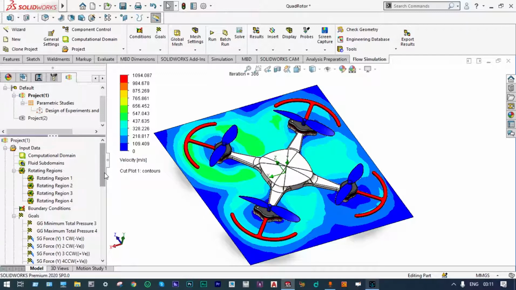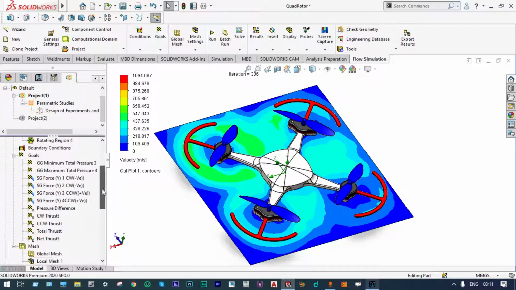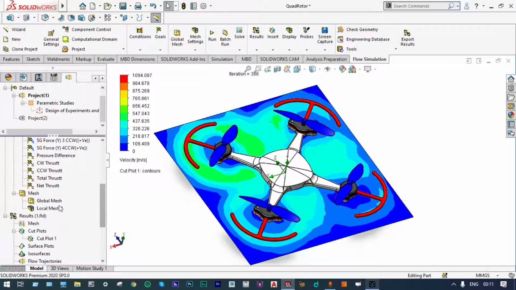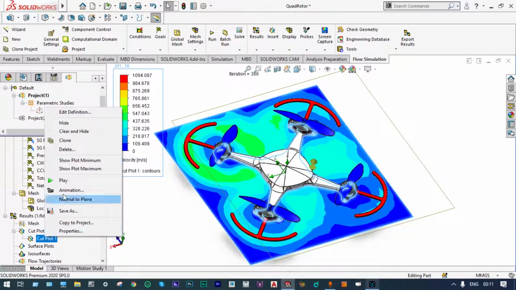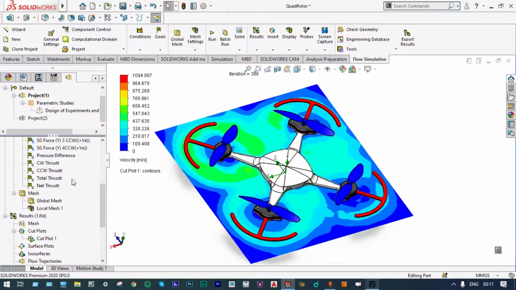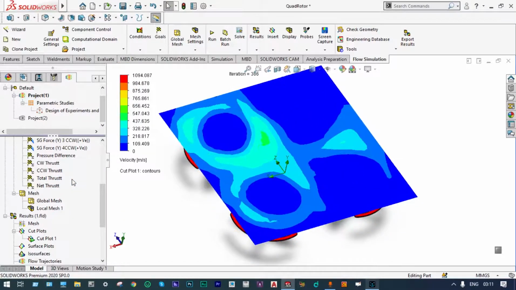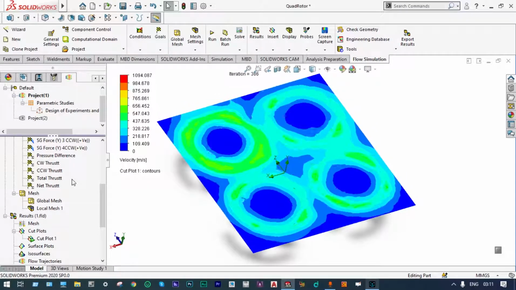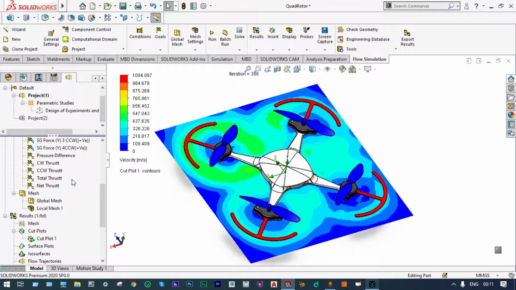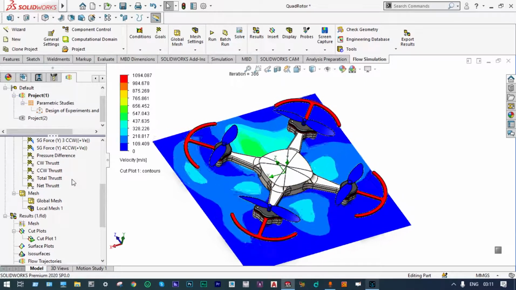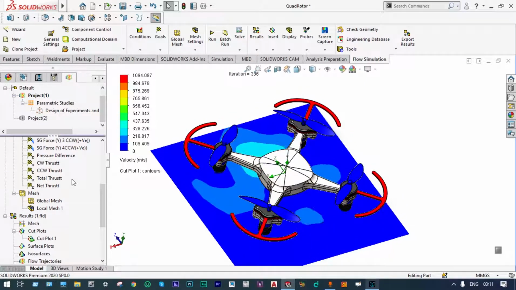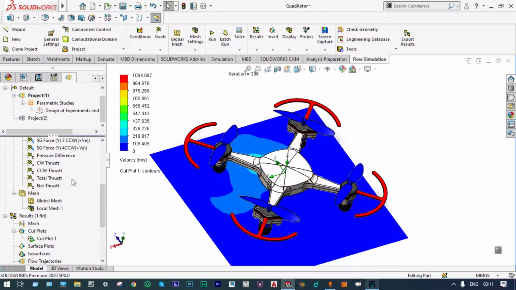Let us see the velocity distribution from the cut plots. Let us play. This is the velocity distribution along the top plane. Up top the velocity is very less and near the blades the velocity of air is very high. Let us clear and hide this part.